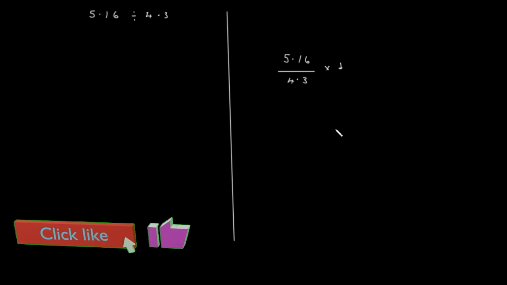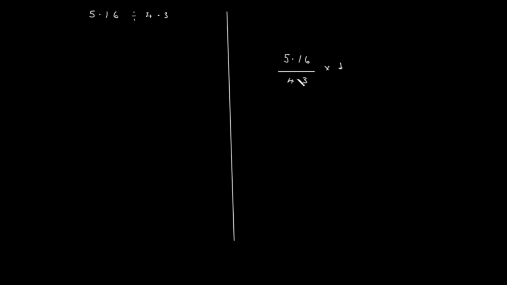One way of getting over that is we express this as a ratio, 5.16 over 4.3, an alternative way of writing the same thing. If we multiply that by 1, we don't change the value.